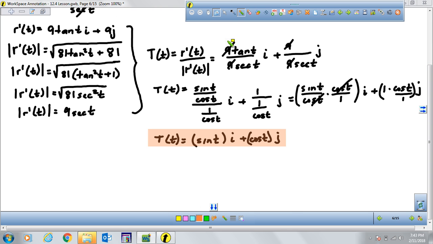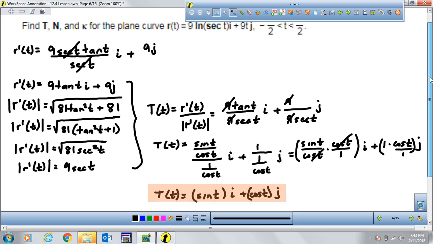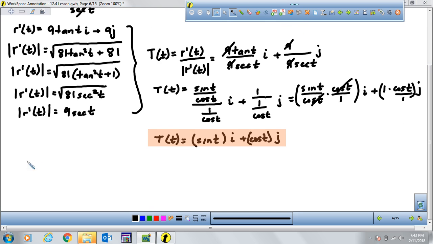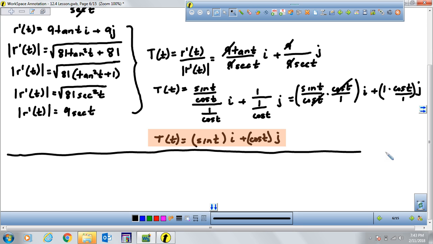Now, we need to find the normal vector. To find the normal vector, we need to find the derivative of the tangent vector, and then we divide it by its magnitude. So first let's find the derivative of the tangent vector. I'm going to put right here, this is the unit tangent vector.